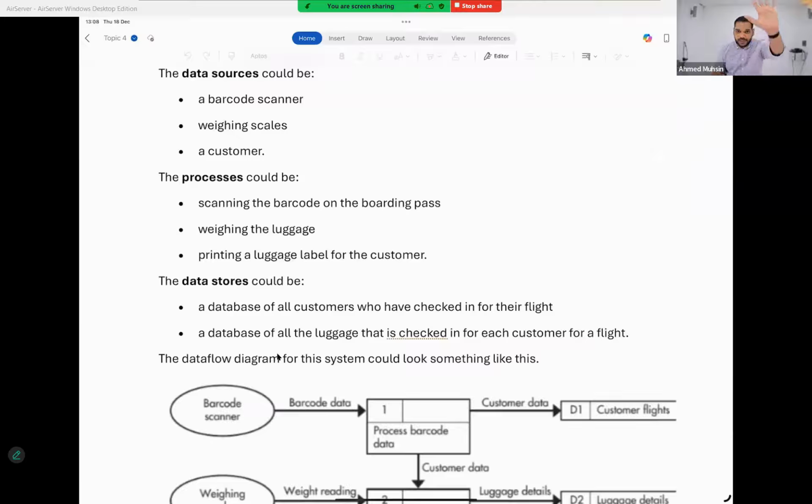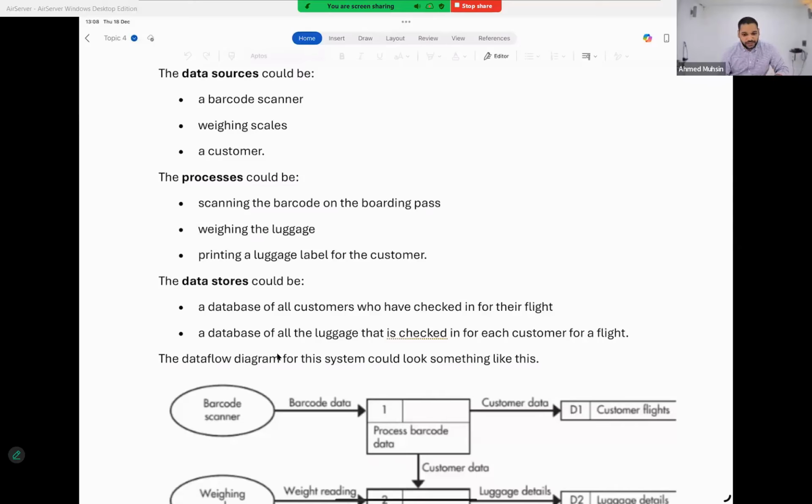Scanning the barcode on the boarding pass, weighing the luggage of every customer, and printing a label for the luggage of every customer. These are the processes we have identified. Where is the data going to be stored? We will have a database of all customers who have checked in for their flight. Then we will have another database of all the luggage information. Pretty straightforward, right?